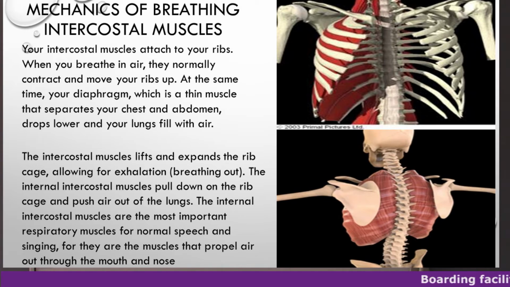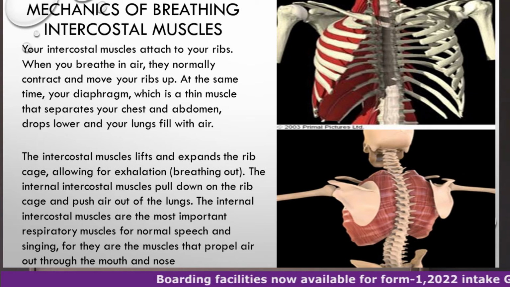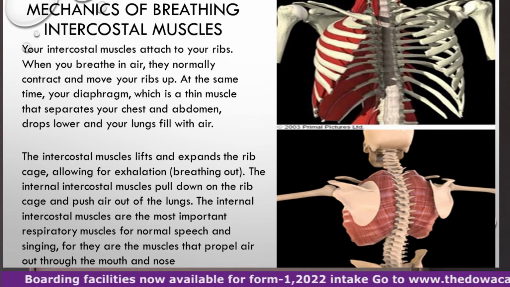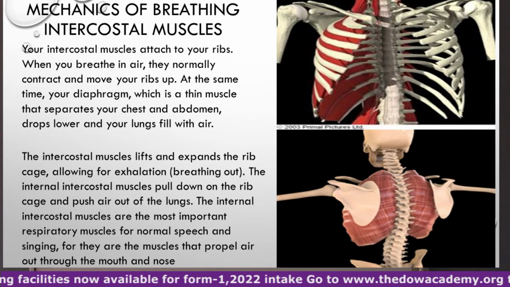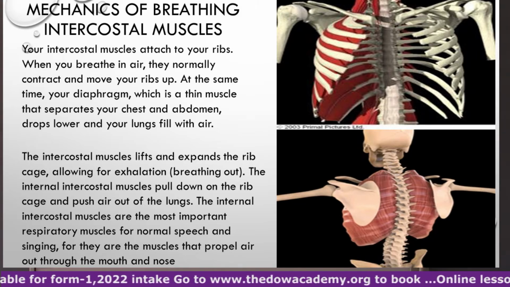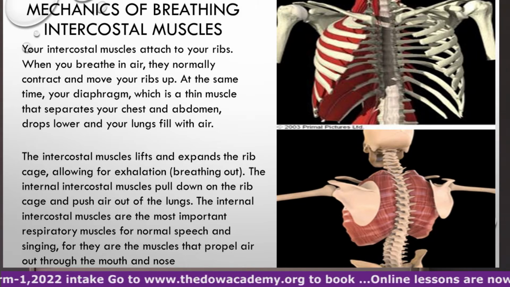The intercostal muscles lift and expand the rib cage, allowing for inhalation, while breathing out is the reverse. The internal intercostal muscles pull down on the rib cage and push air out of the lungs. Now, there are the internal intercostal muscles and the external intercostal muscles.